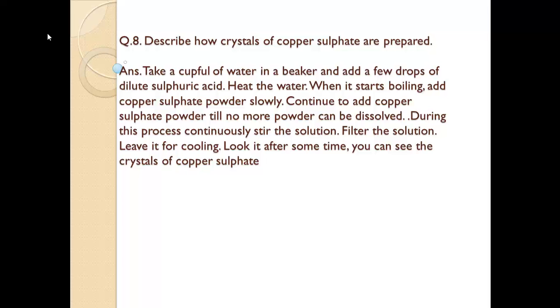Continue to add copper sulphate powder till no more powder can be dissolved. That means we are preparing a saturated solution. During this process, continuously stir the solution. And after that, filter the solution for removing the impurities. Leave it for slow cooling. Look at it after some time, maybe after 1 day or 2 days. You can see the crystals of copper sulphate.